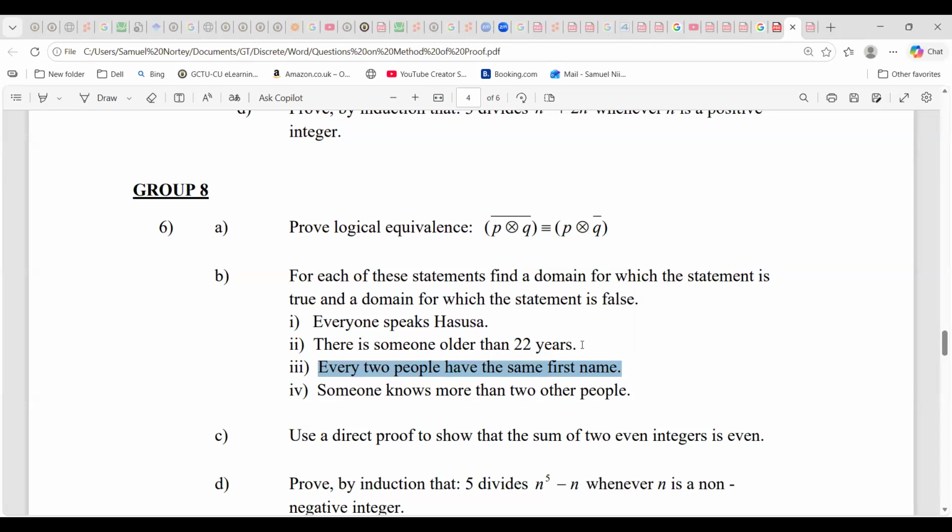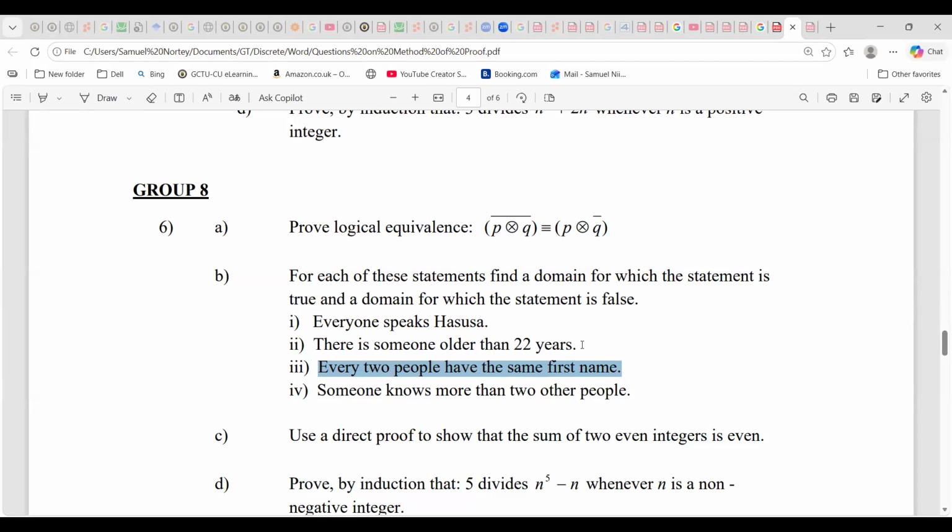It can't be the same domain for it to be true and the same domain for it to be false. It might be two different domains. Yes. So, for example, if the answer is true, you have to give the domain and the reason why it is true, and if it's false, you have to give the reason why it is false. Exactly. So how do you make sure that everybody has the same first name?